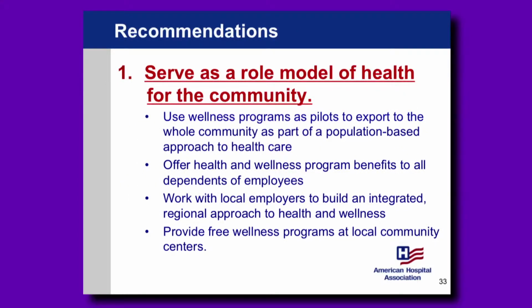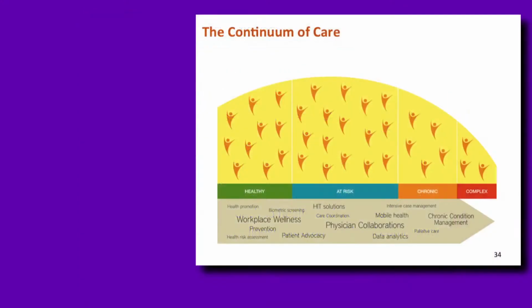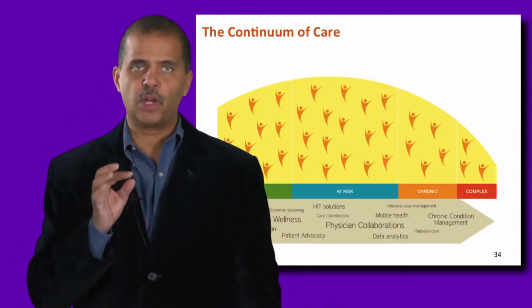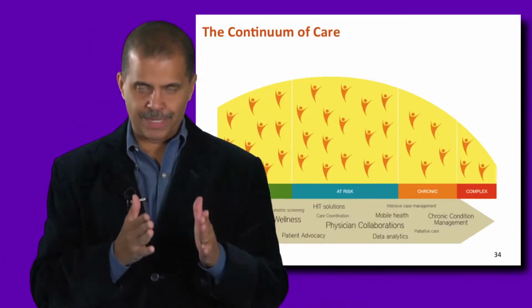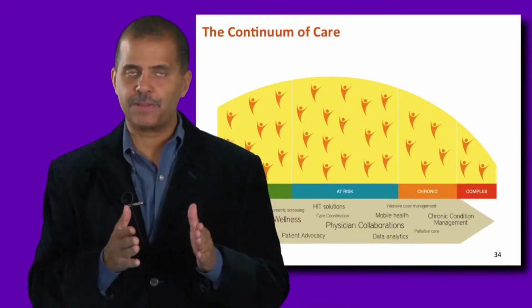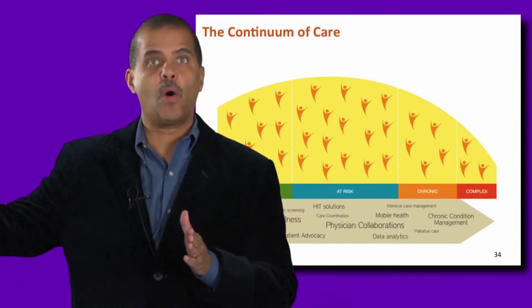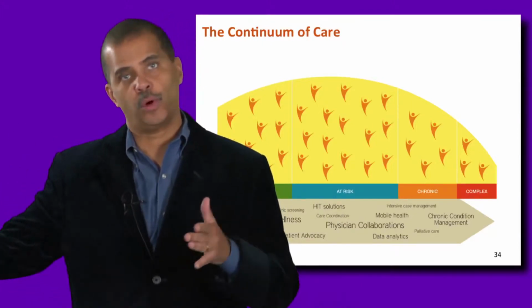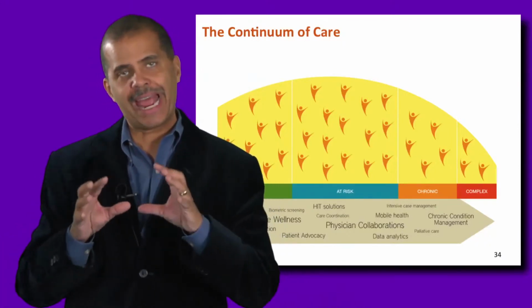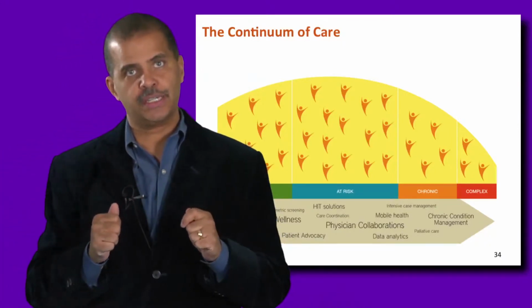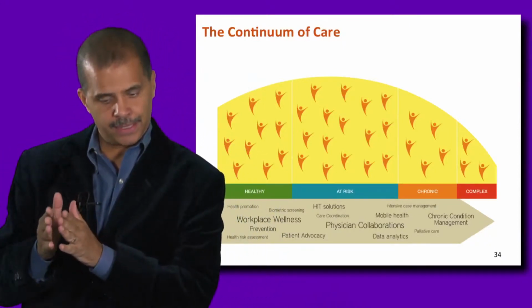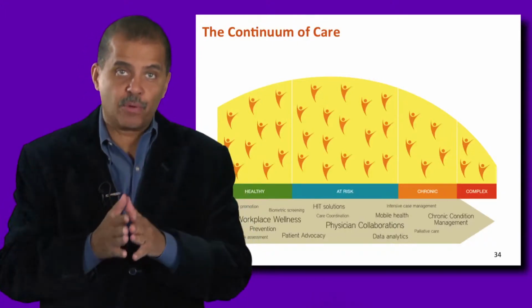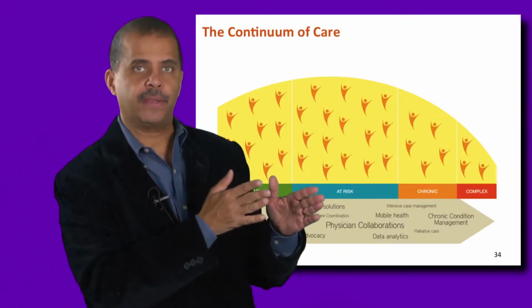Again, serve as a role model of health for the community. And why is that important? If you look at the continuum of care, we see healthy, and that is the focus of community health, all the way there to complex, quaternary care. So the challenge now for healthcare organizations is how to attend to complex, chronic, at risk, and healthy.